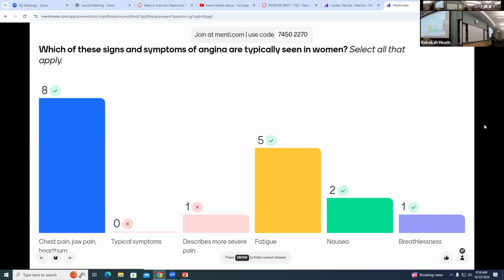Women, most of the time, will downplay their symptoms. In fact, they'll usually say, I'm just tired. I've just been tired for a while. I can't catch my breath. Women are really hard to diagnose because they don't have the same symptoms or they don't present the same way. And because of this, they don't get treated the same usually.